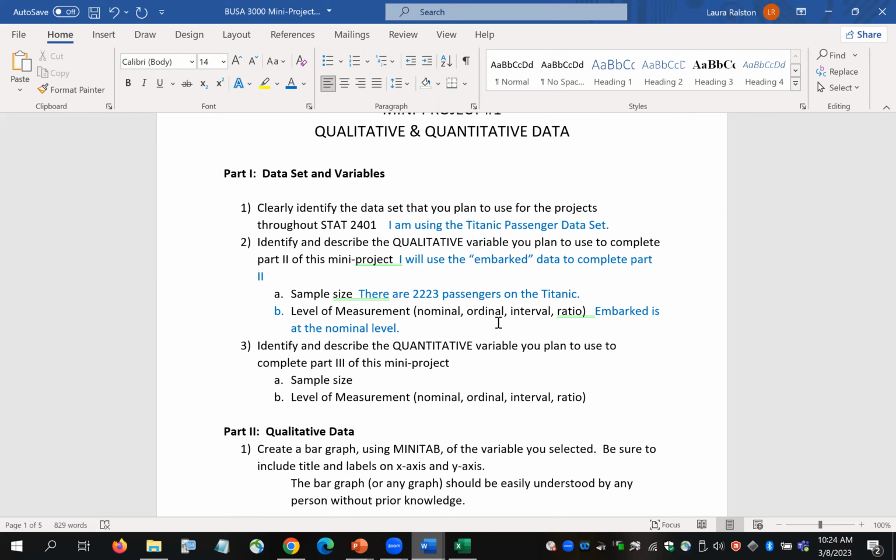At this point, I'm trying to give you the heads up or the example for qualitative, because that's where we are in terms of our discussions. I don't know that I'll get to it today, but if we can, we'll look at the quantitative before class is over today. If not, we'll do that first thing Monday. But what I'm saying is this assignment is due on Friday, March the 17th.